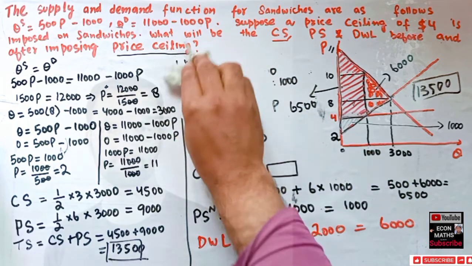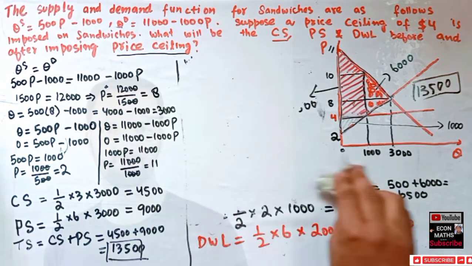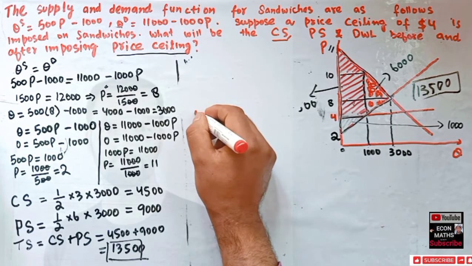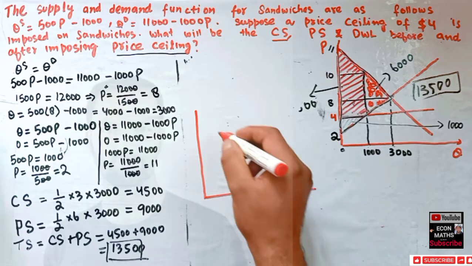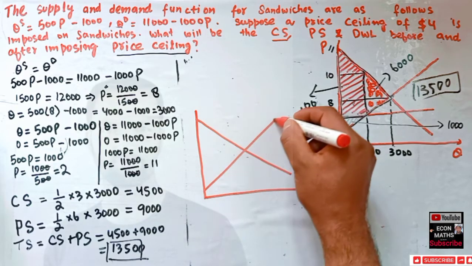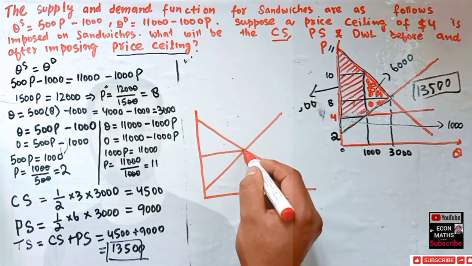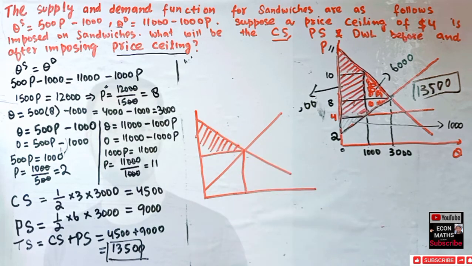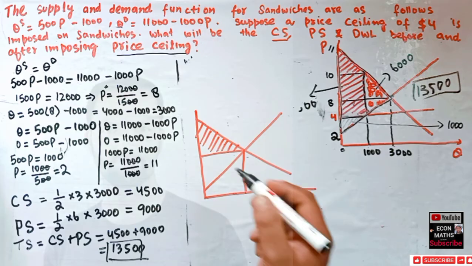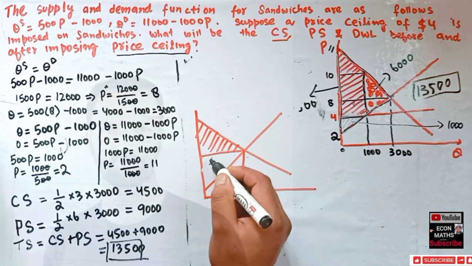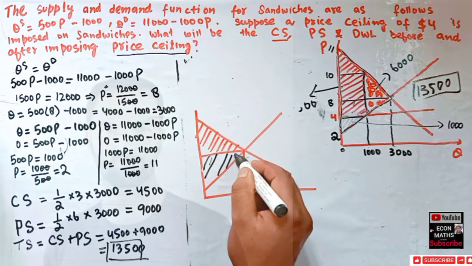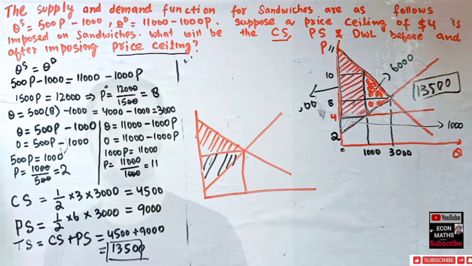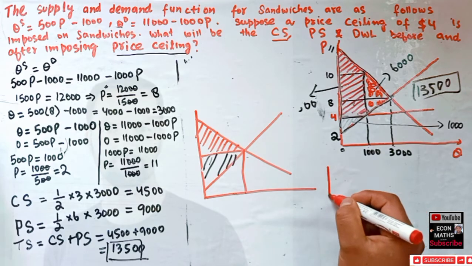Let me draw it clearly here again. Originally, this was our demand function, supply function, and equilibrium price. Originally this was our consumer surplus, and this was our producer surplus, before the imposition of the price ceiling. And after that, what happened?